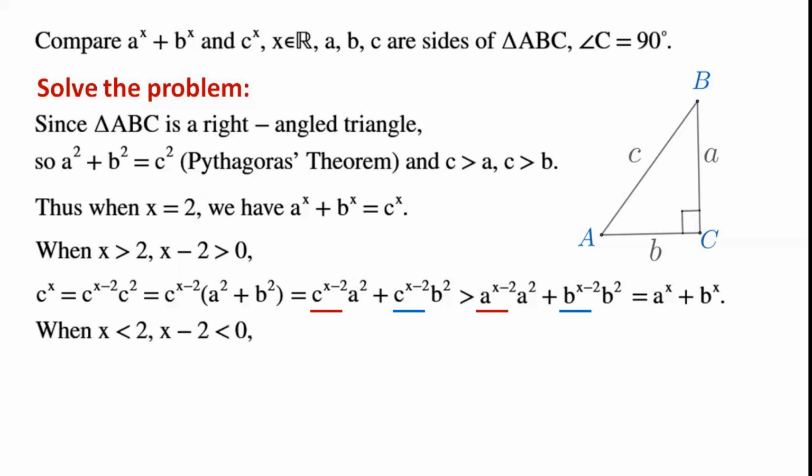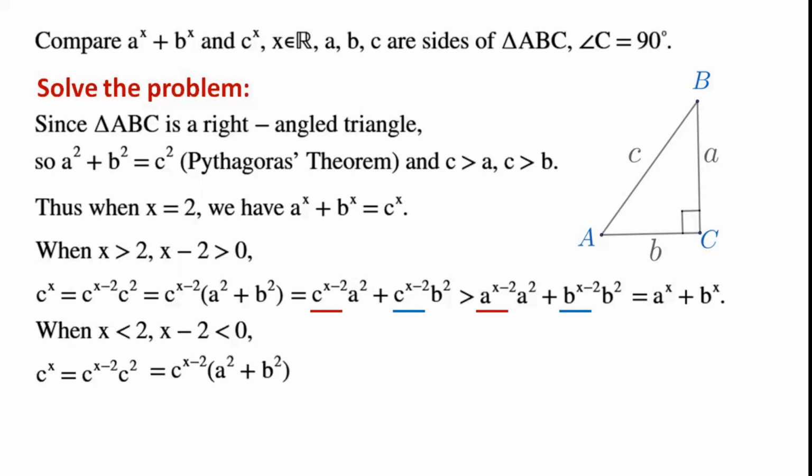When x is less than 2, that is, x minus 2 is less than 0, c to the power of x can be written as c to the power of x minus 2 times c squared.